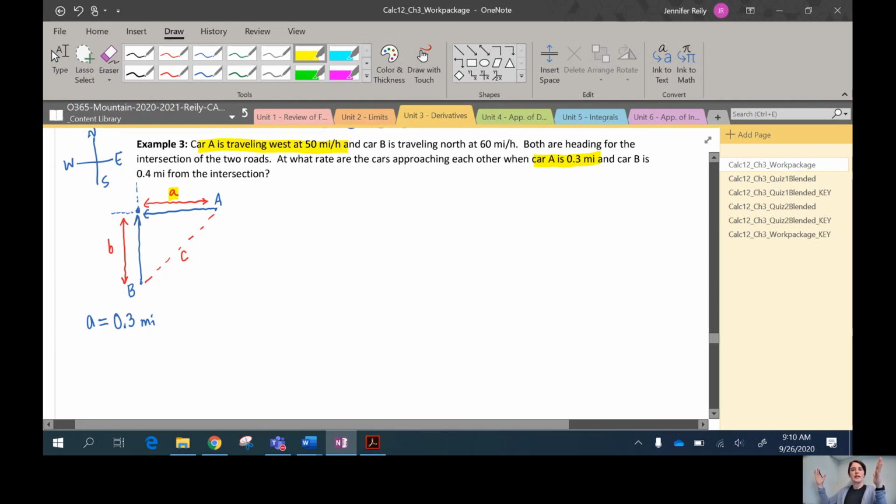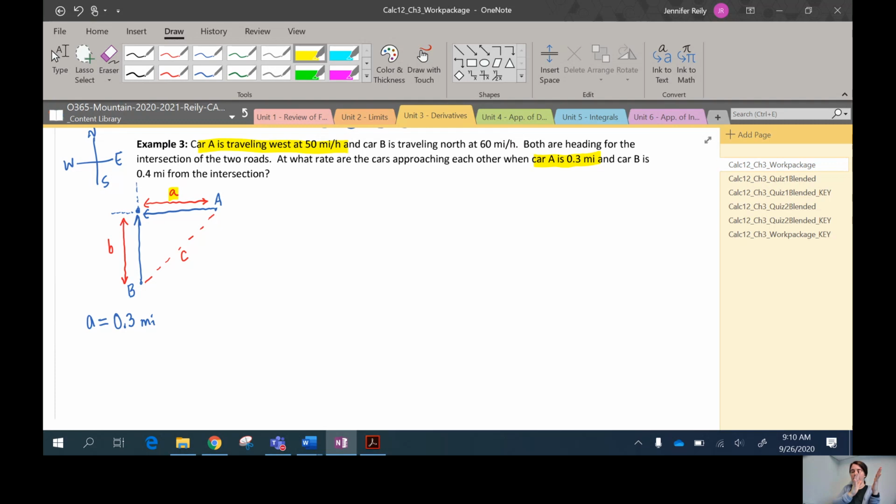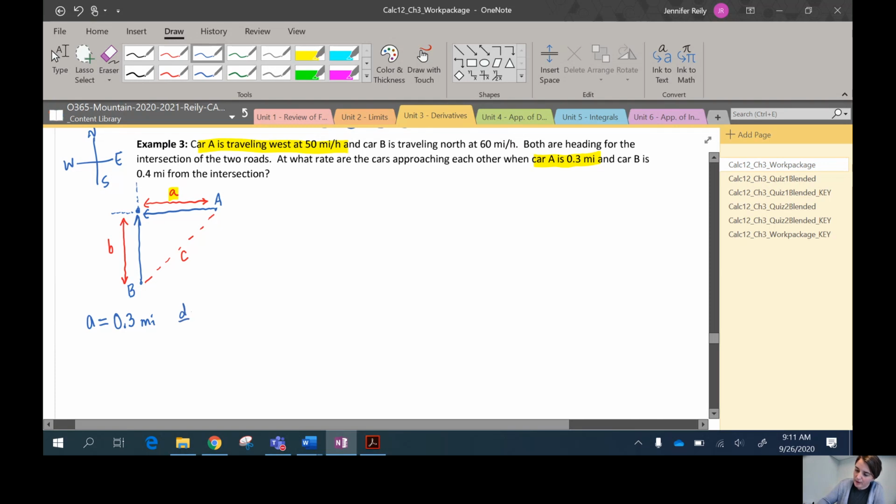That means it's getting closer to the intersection at a rate of 50 miles per hour. So that distance a is decreasing. So that means you have to interpret that properly when you write down the rate here. So the rate at which a is changing with time is negative 50 miles per hour because that distance is decreasing. So that's an important point there. Make sure you write down a negative rate.